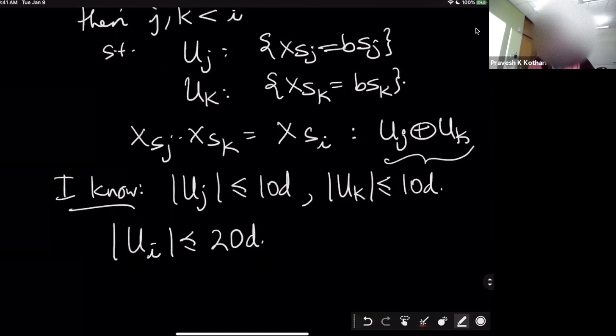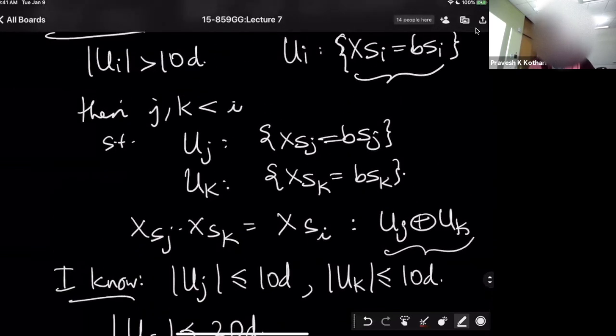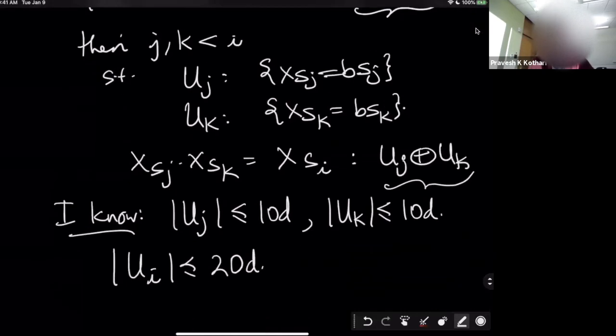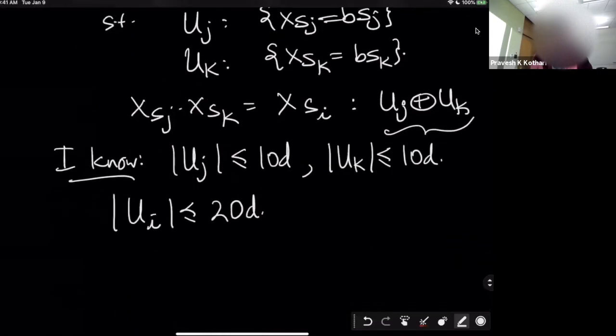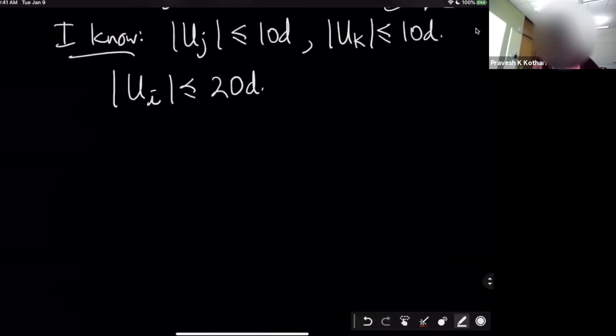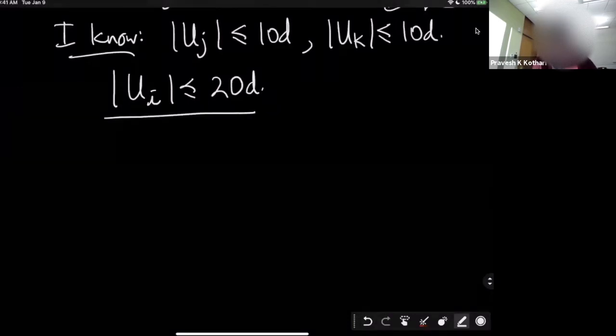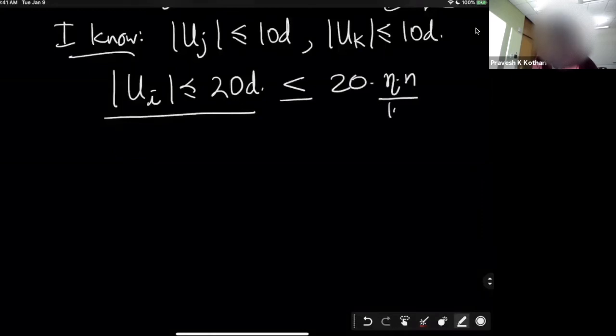So I know that i is the smallest index such that ui exceeds 10d, but I just proved that it can't exceed it by too much. It's at most 20d in size. Okay. Very good. So why is that useful? Well, 20d is smaller than 20 times d, and d was eta n by 100 by my choice. So this is much smaller than eta n.